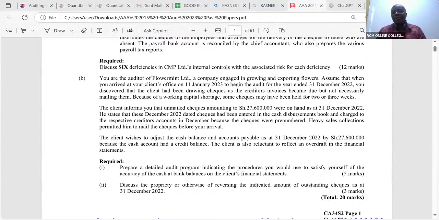So I would want them to give me a letter, could be an email, which I'll print and put in the audit file as a working paper. I would want them to confirm that whatever I'm seeing on the financial statements as cash at bank is the exact cash that existed at the year end.